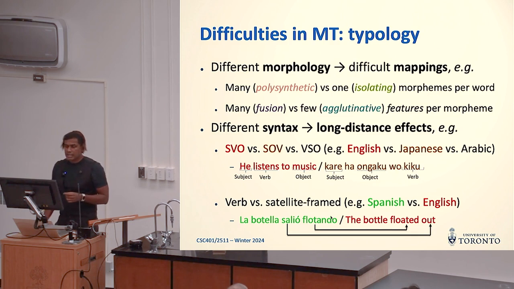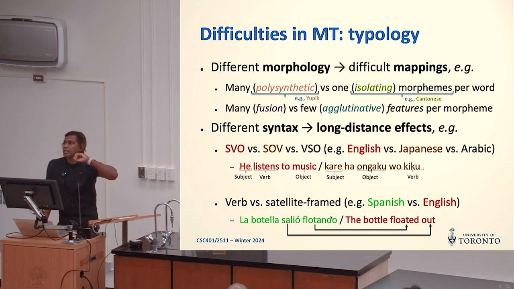For example, polysynthetic versus isolating morphemes per word. In certain languages like Yupik, a single word could basically mean a whole sentence, okay? You can say a whole sentence using just a single word. Whereas in isolating languages like Cantonese, words are basically indivisible, each morpheme conveys one meaning.